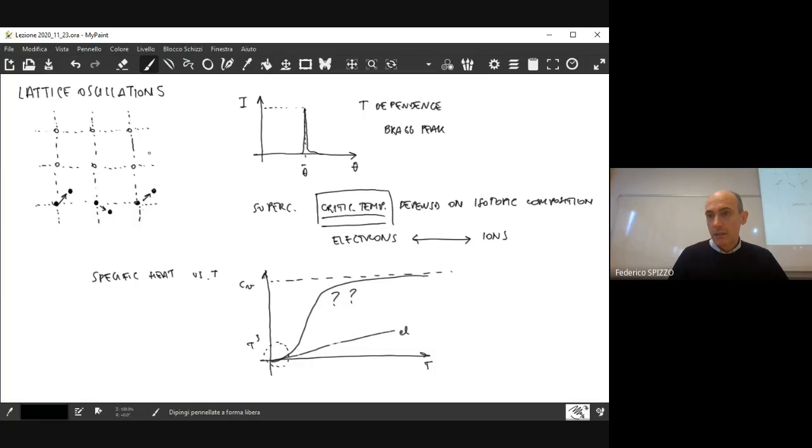So we may have an additional source of energy, and if that energy changes with the temperature, then it may contribute to the specific heat, because the specific heat is 1 divided by the volume, the derivative with respect to temperature of the total energy. So if this term has a new contribution, in this case the ionic one, then we have the opportunity to justify this dependence. So we will start from here. In the next lesson, I will try to see what is the effect of the oscillations of the ions.